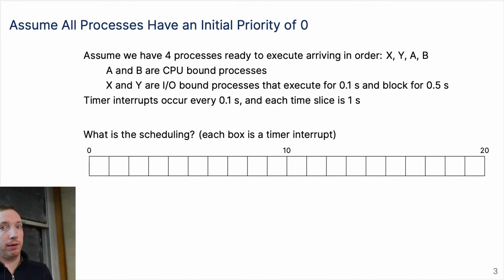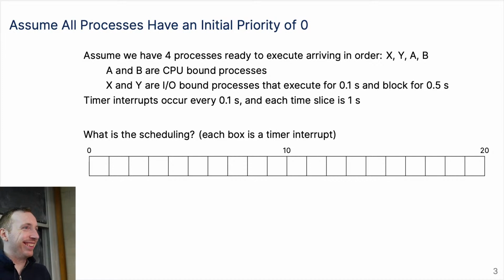So if you divide those two numbers, each time slice is made up of 10 timer interrupts that we have to keep track of. So in this question, it says, what is the scheduling? And each box here represents a timer interrupt. So what's going to be the first thing we execute? If they all have the same priority number and their arrival order is X, Y, A, B.